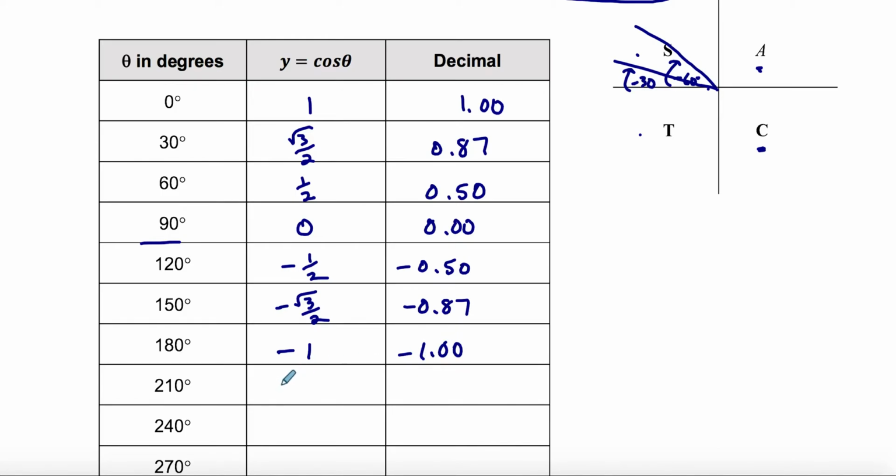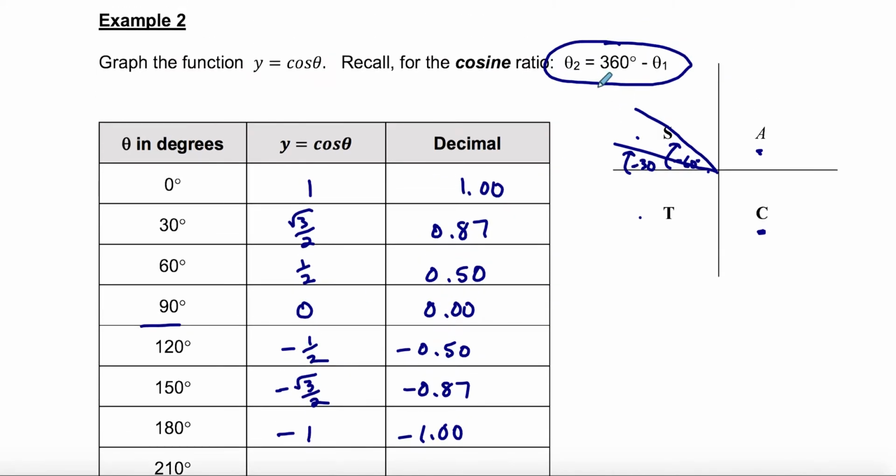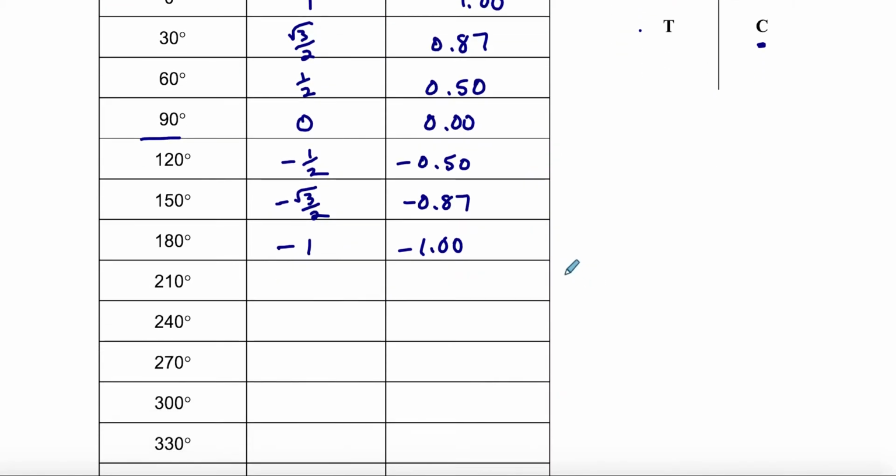210 degrees, I can start using my associated angle property here. 360 minus 210 gives me 150, so this is going to be the same value as 150 degrees. 240 degrees, I can do 360 minus 240, and I get 120.